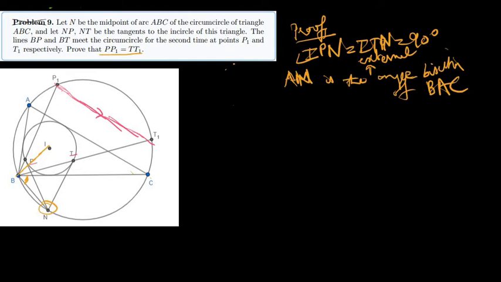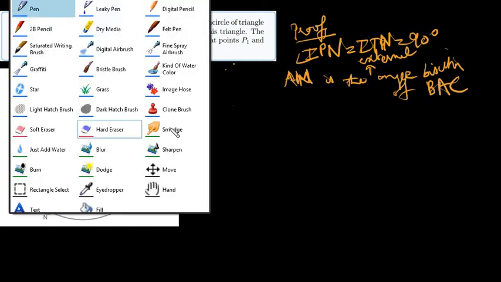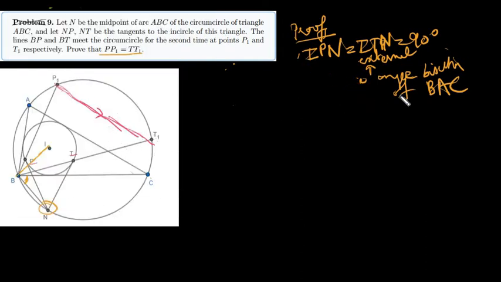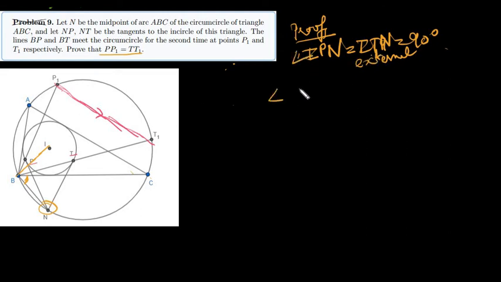Oh, let me actually remove this, it's part of that proof. This video is going to get a little longer than I wanted it to, but that's okay. So angle CBN, I claim, is equal to 90 minus B over 2.